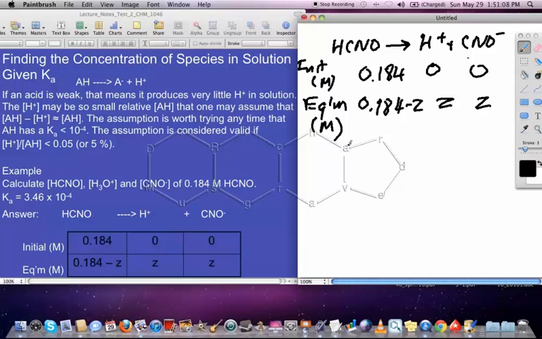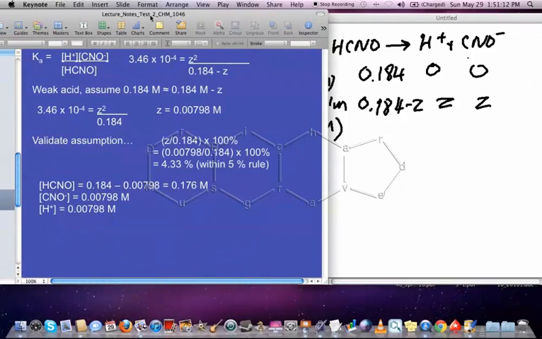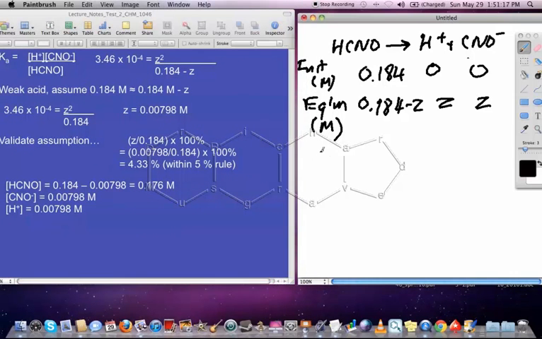Right, so now we can move on. We can write our Ka expression down. So the Ka is going to equal concentration of H plus, concentration of CNO minus, over HCNO. Now what I'm going to do is plug my known values in there.